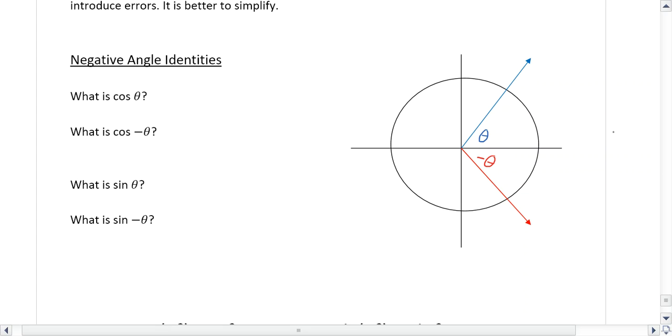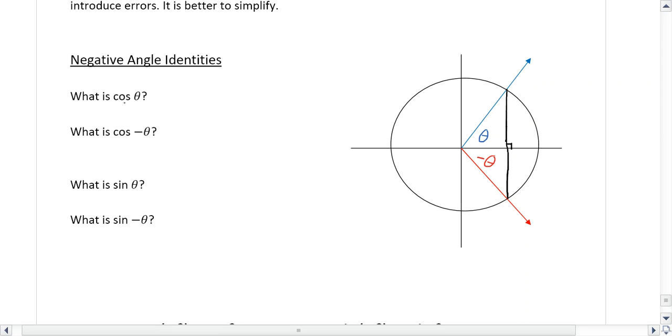So here I have the unit circle. This angle coming up is positive theta, and this angle coming down from the initial side is negative theta. So if we looked at the triangles that are formed, I'll try to draw this in as straight as I can, but anyway. So there's the perpendicular.